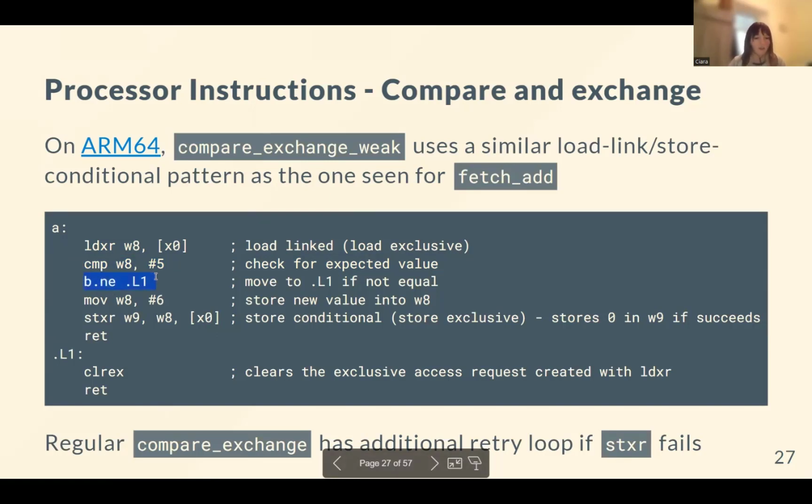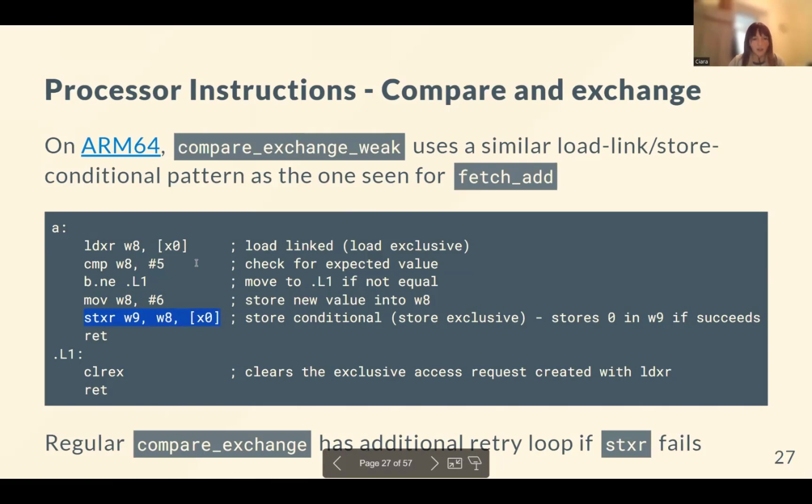So we go to L1, which clears that exclusive access request that was created with this LDXR, the load exclusive instruction, and then returns. But even if it did succeed, so even if the value was unchanged, we store the new value into W8, but then this store exclusive can still fail. So we've still got this additional conditional check.